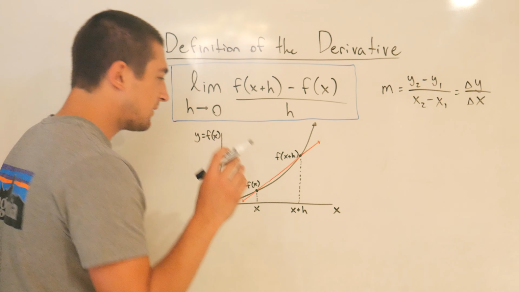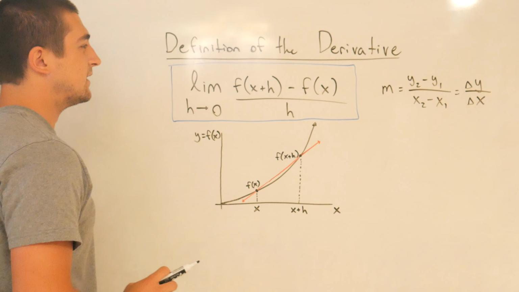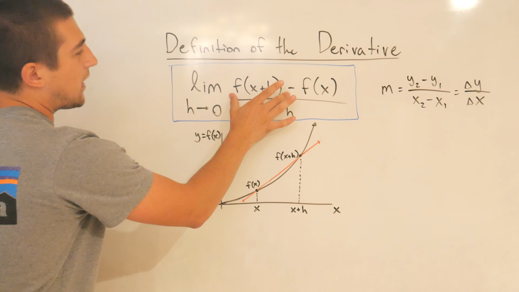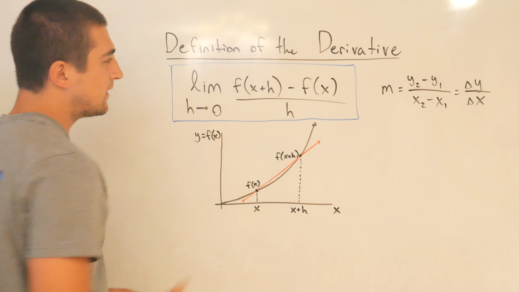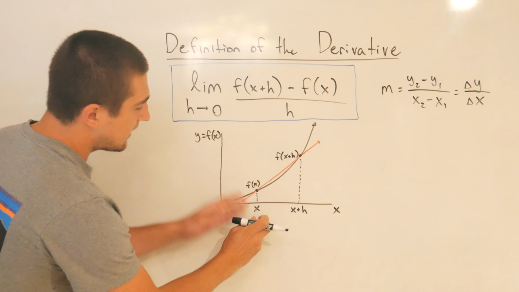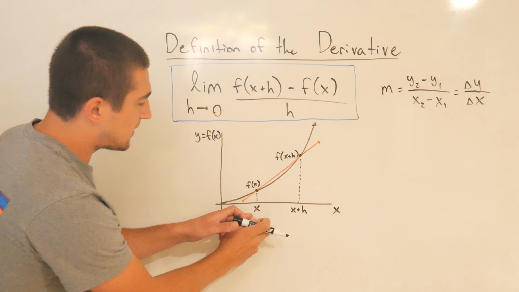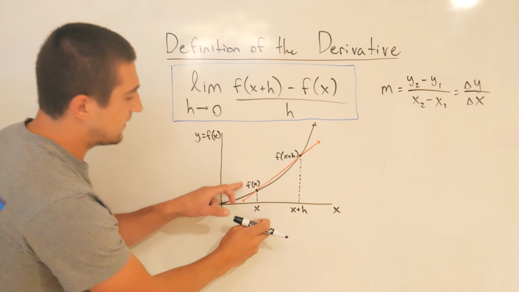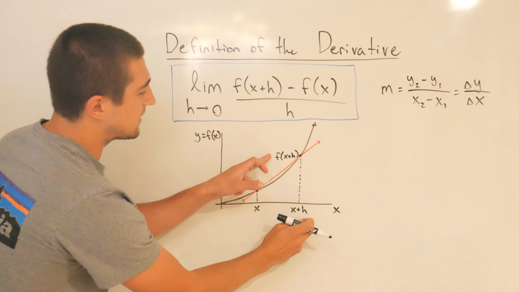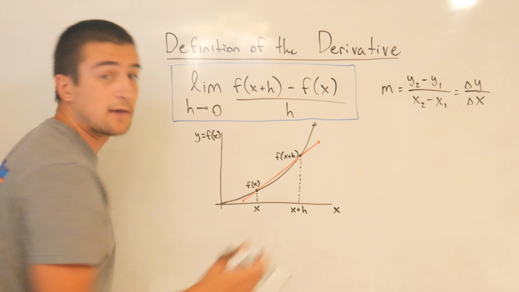So what the definition is saying is it's taking this slope formula and saying, okay, this is y2, this is y1. So we have a point x, and we have a corresponding f of x. And that's x1 and y1. And then we're going to add to that x, and then we're going to have a different output at that different x value once we added on a certain number h.